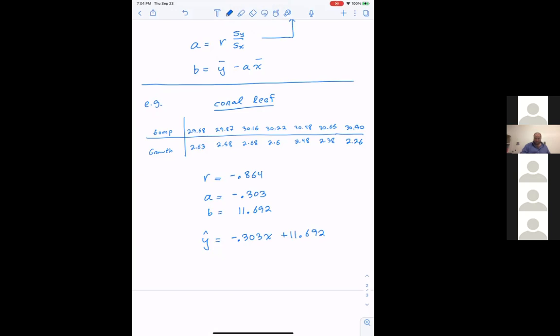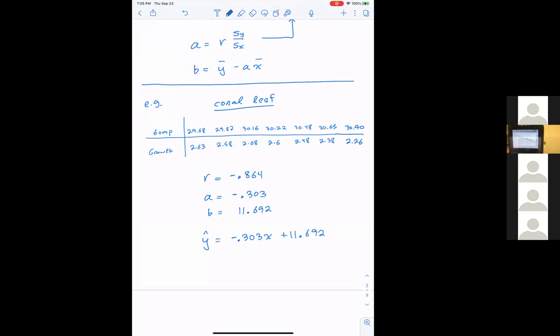Okay, so now what we're gonna do is put the equation back into the calculator. And where do we put it in? Y equals. Y equals, good. And then we hit what? Graph.